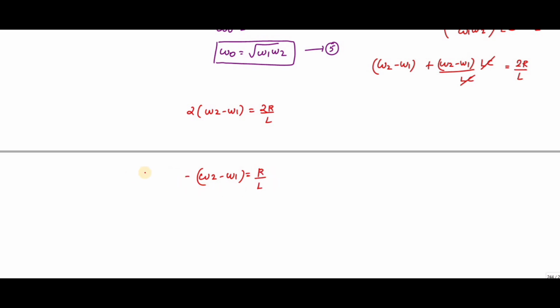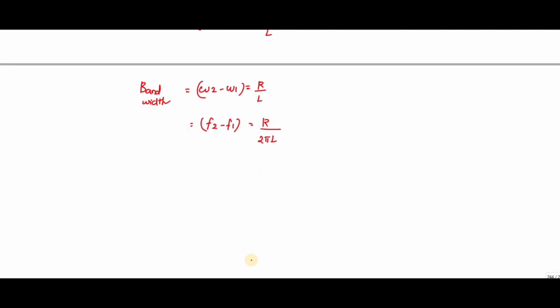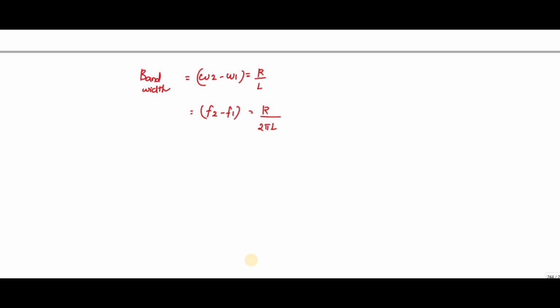So this is nothing but bandwidth. If I measure in terms of F2 minus F1, that is equal to R divided by 2 pi L. So this F2 minus F1, I can write it as R divided by 4 pi L plus R divided by 4 pi L. So if I solve, I will get R divided by 2 pi L, plus Fr minus Fr.